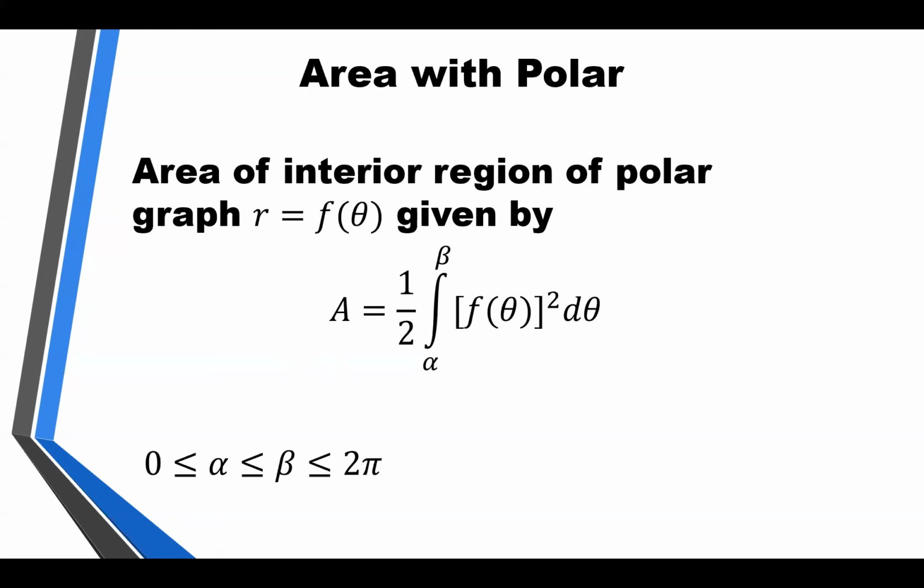Area is 1/2 integrate from alpha to beta. Usually alpha and beta are somewhere between 0 and 2 pi. We did see a couple of examples where we used a negative value for our alpha, and that was okay too. But integrate from alpha to beta, my function squared with respect to theta.